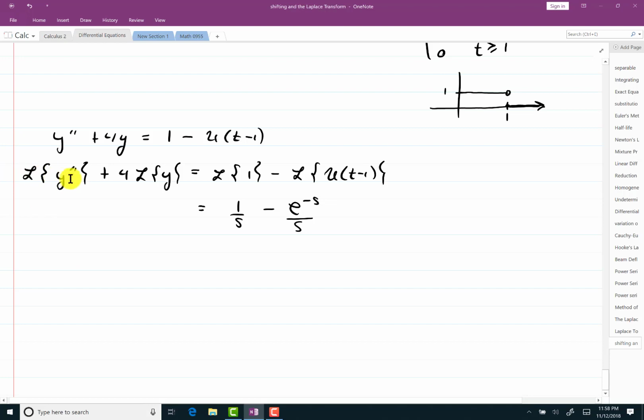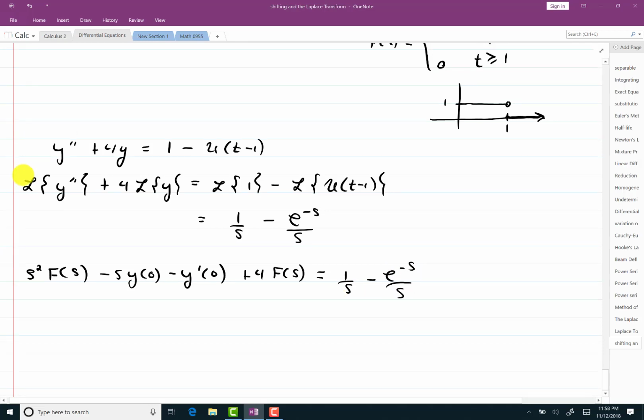Then let me go ahead and do my usual routine on the left side. I'll have s squared capital F of s minus s y of 0 minus y prime of 0 plus 4 capital F of s equals 1 over s minus e to the negative s over s.